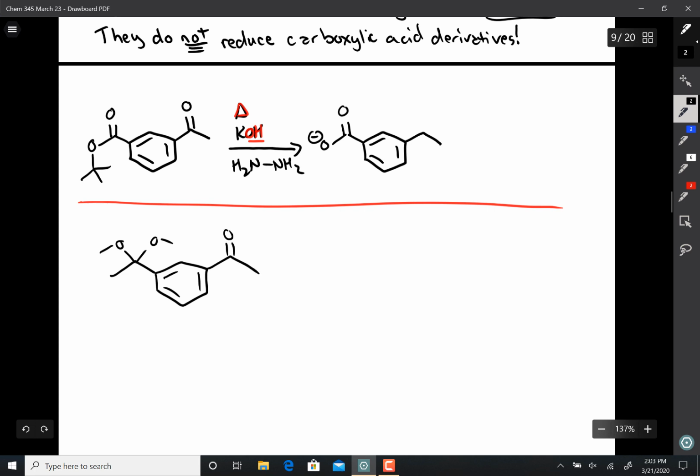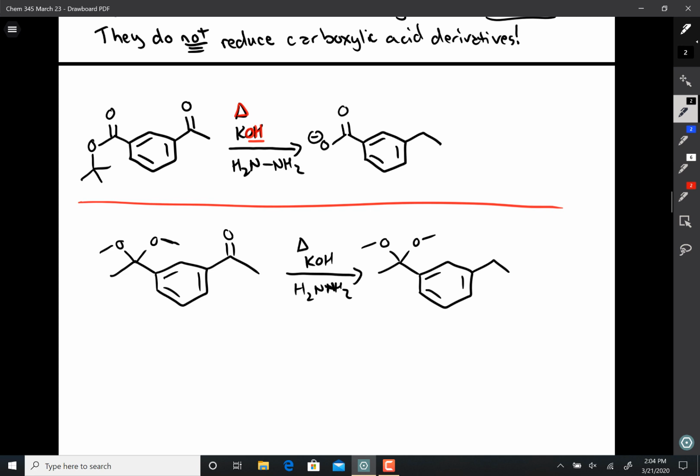So if you have a molecule like this that has an acetal on it, if you use the Wolff-Kishner conditions, the acetal is going to stay put. So those are under strongly basic conditions. Acetals are immune to basic conditions.